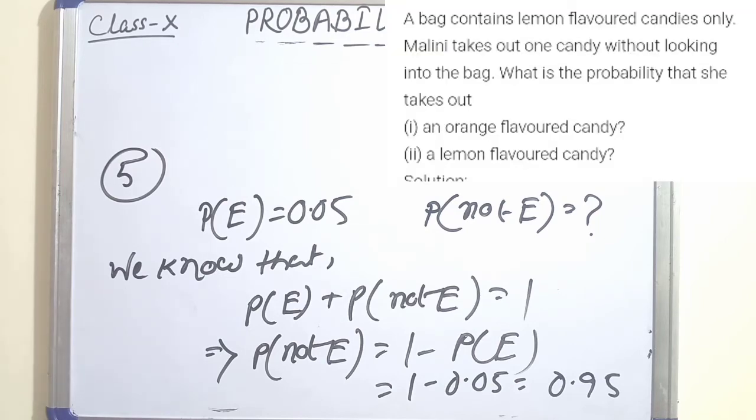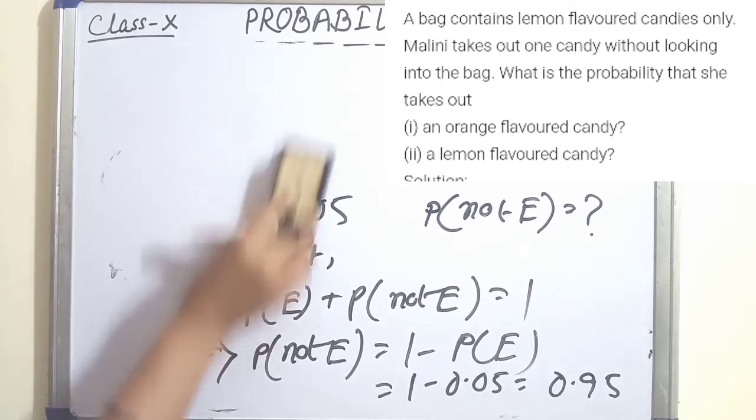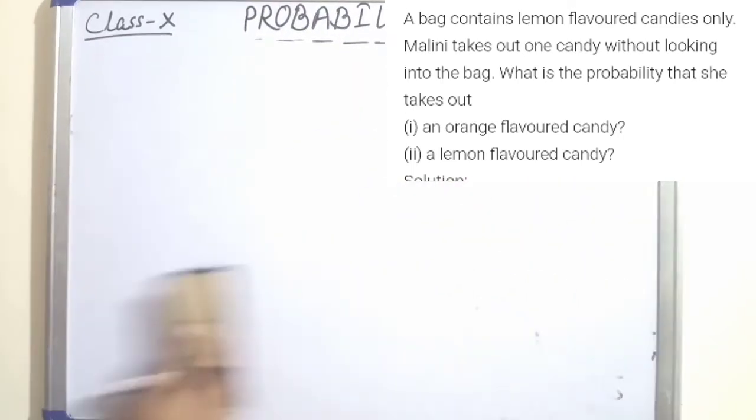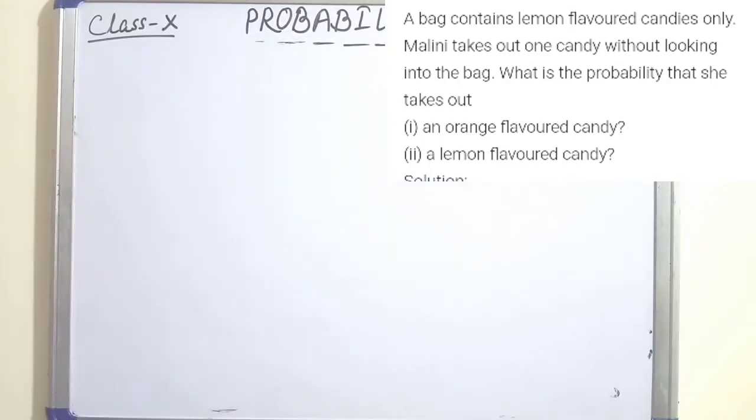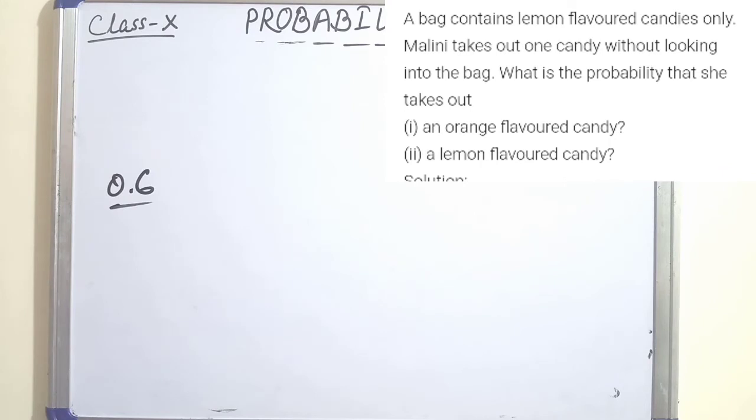Now next question, question number 6. A bag contains lemon flavor candies only. Malini takes out one candy without looking into the bag. What is the probability that she takes out an orange flavor candy, or second, a lemon flavor candy?